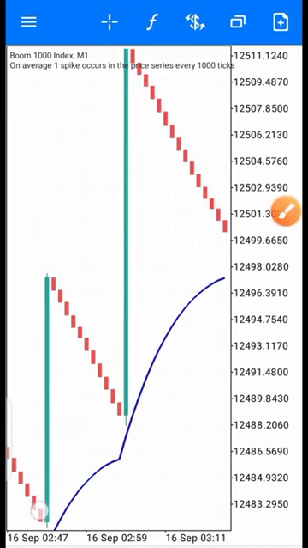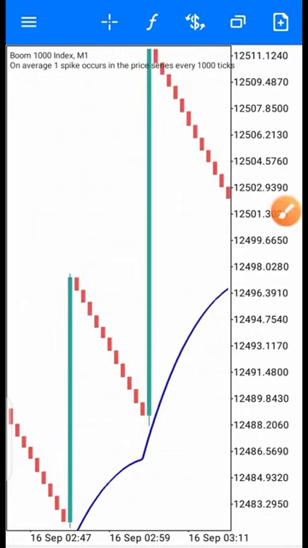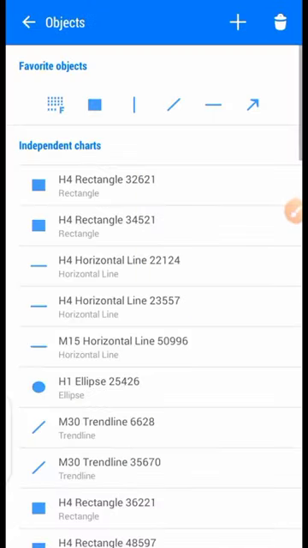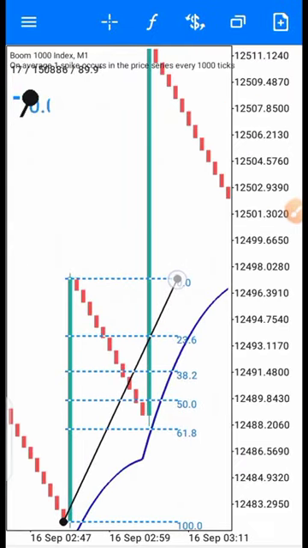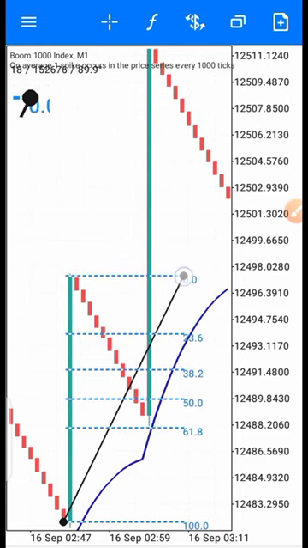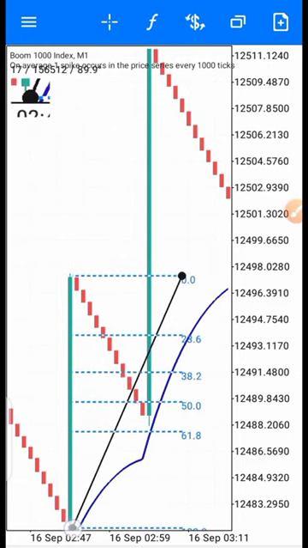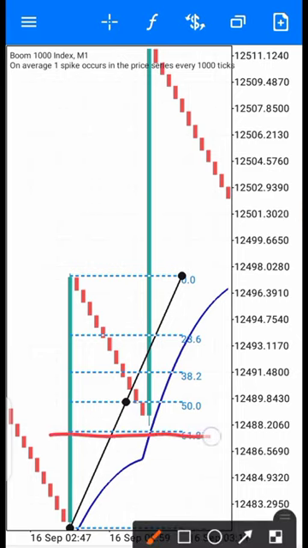So the impulse move, let's see how this plays out. You can see that here now it almost hit the 61.8, almost hit the stop loss.